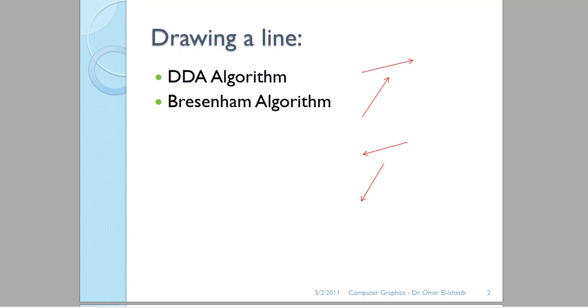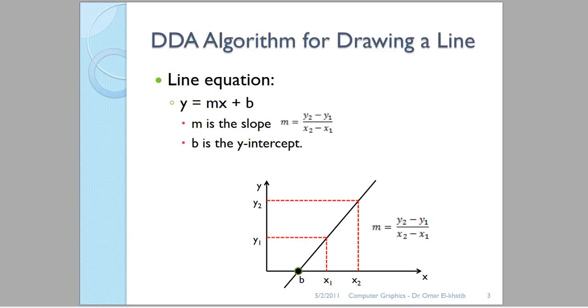It is analyzing the difference between the slope of the lines. We are going to consider some conditions for how the slope of the line changes and how we draw a line. So we start with the line equation.